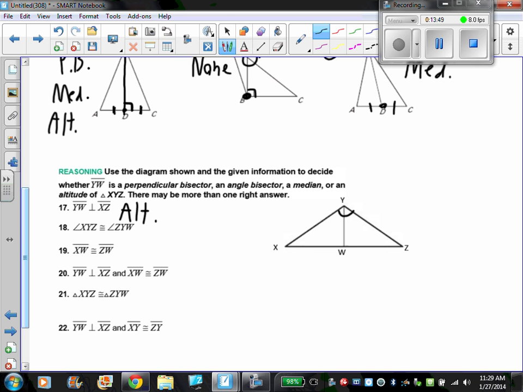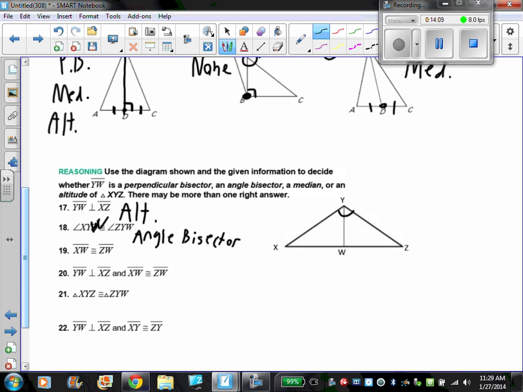I think this is a typo. This should probably say XYW is congruent to ZYW. So those two are congruent is what we're told. Well, the only thing that we can get from that really is that makes YW an angle bisector.